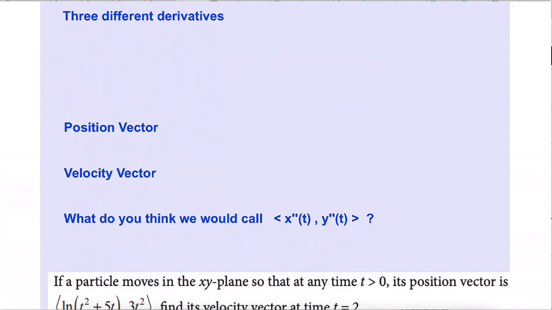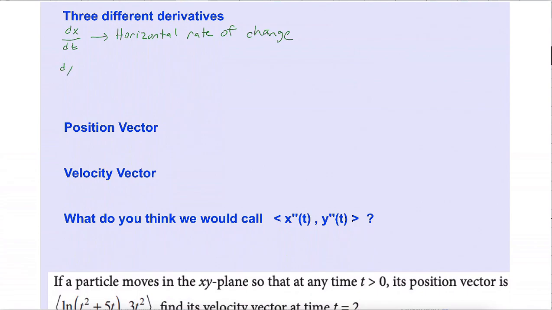The first one, there's no particular order here, but the first one is dx dt. That's the rate of change of the x value, or the horizontal rate of change, as time goes by. How much is the coordinate moving to the left or to the right?